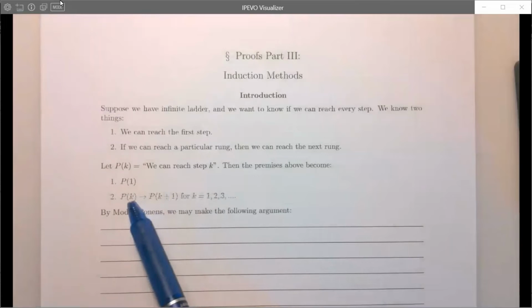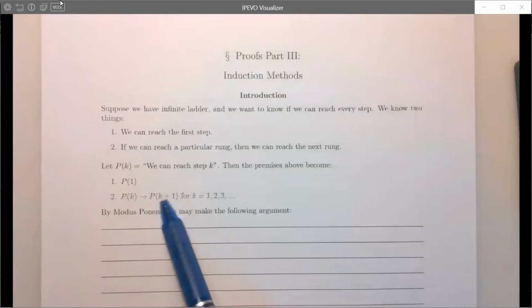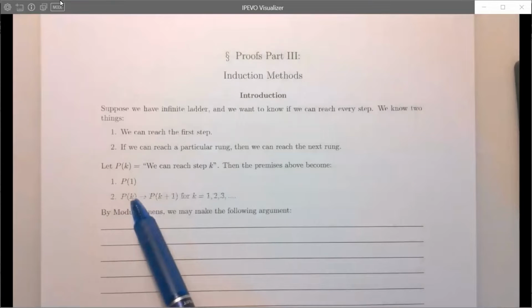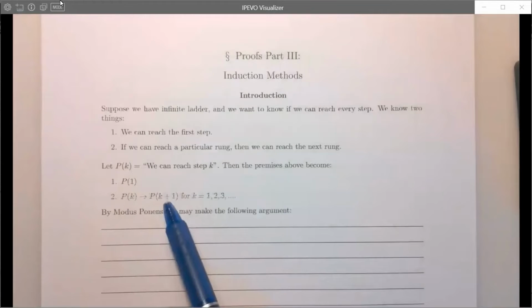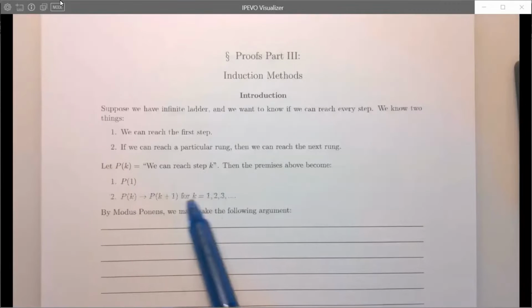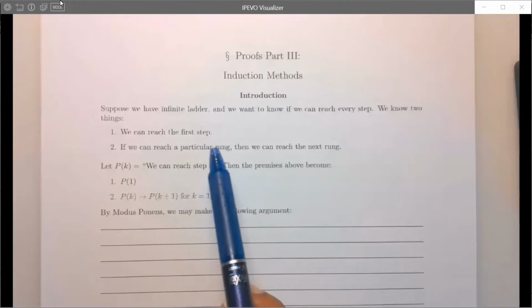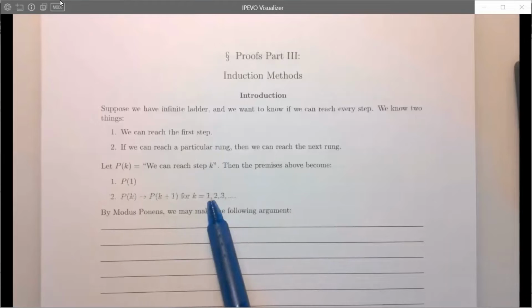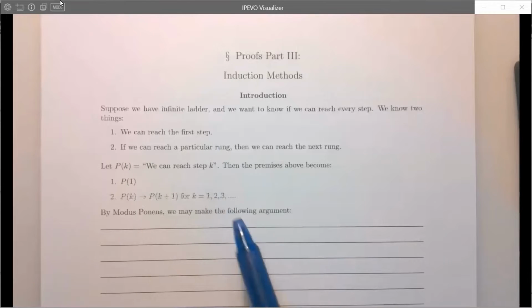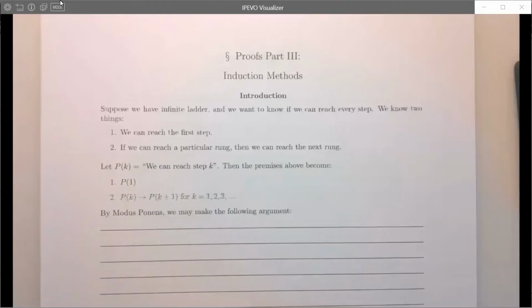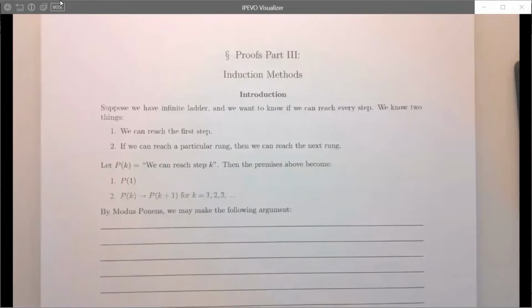So basically, if we can reach step K, then we can also reach K plus 1. And since it's true for any particular rung, it's true in the cases where K is 1, 2, 3, and so on and so forth.